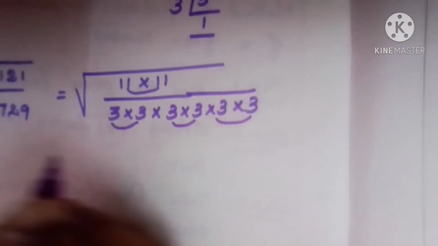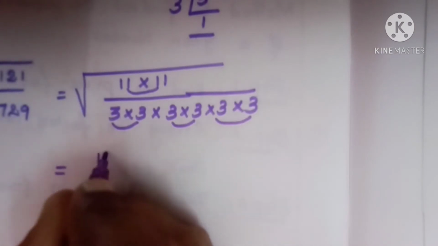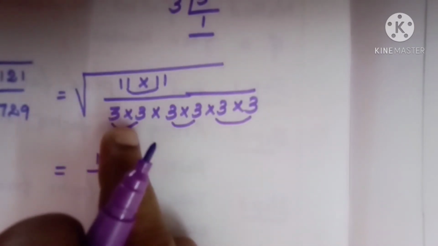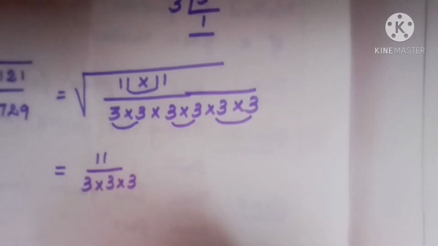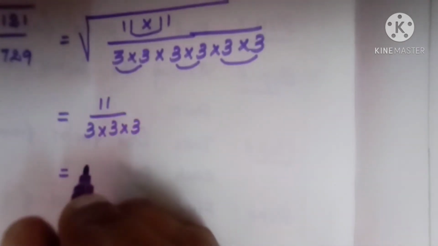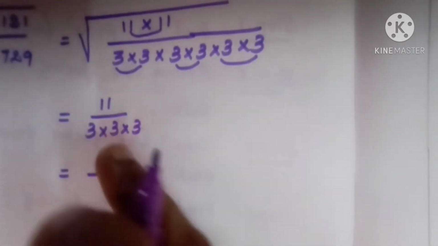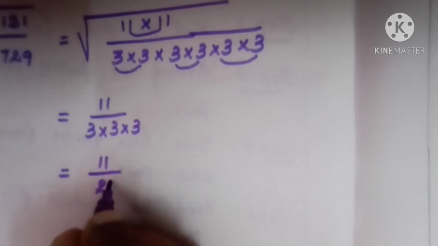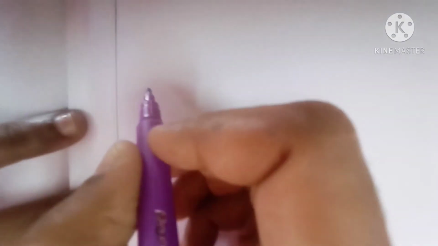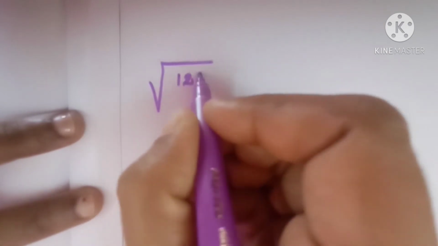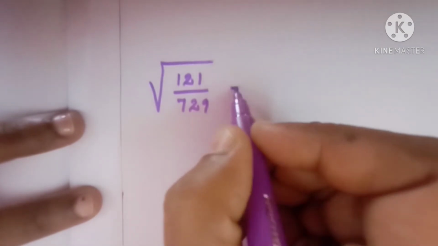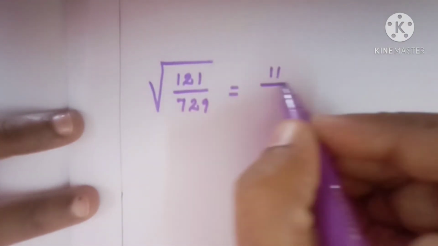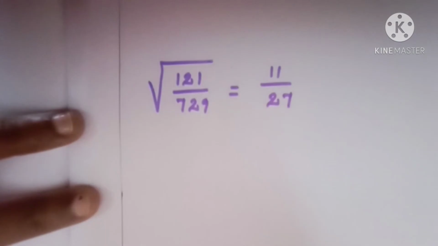Take one of each pair out. So we get 11 divided by 3 into 3 into 3. And multiply that: 3 3s are 9, 9 3s are 27. So the square root of 121 divided by 729 is equal to 11 by 27.